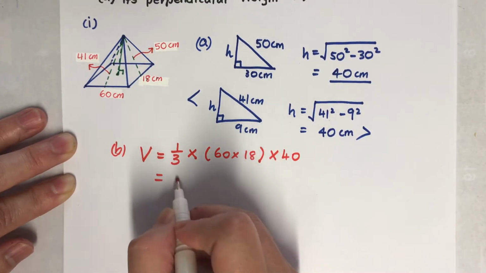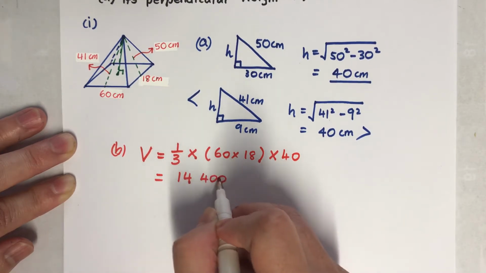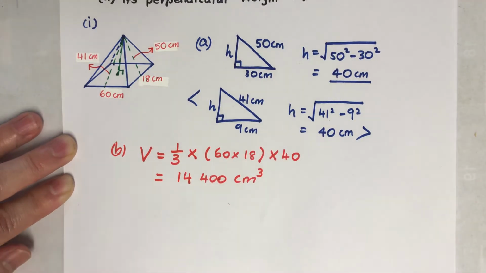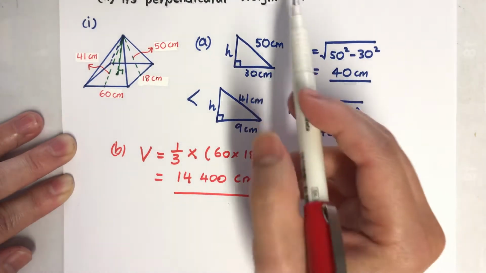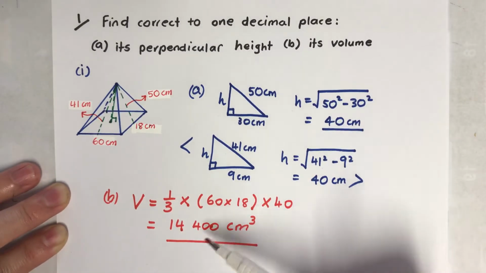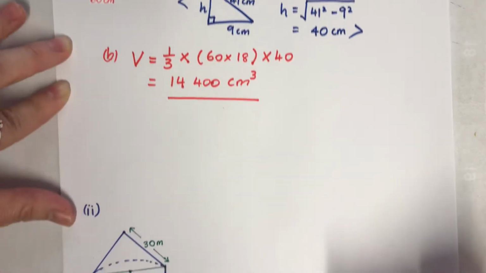So if you put all that in the calculator, you'll get 14,400 centimeters cubed. Now this one doesn't have any decimals, so it's a whole number. So that was not unfortunate, actually good.